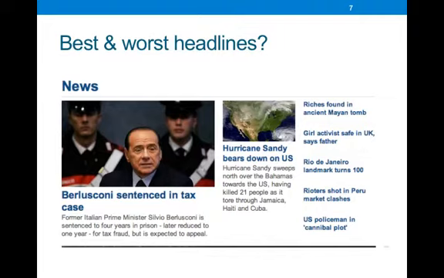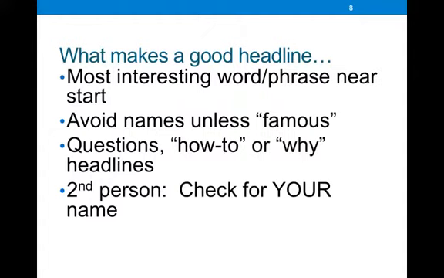So most of these headlines are really strong. If I had to pick the weakest, the girl activist headline gives me the least information and presumes that I already know enough about the story to know what this headline is taking me to.